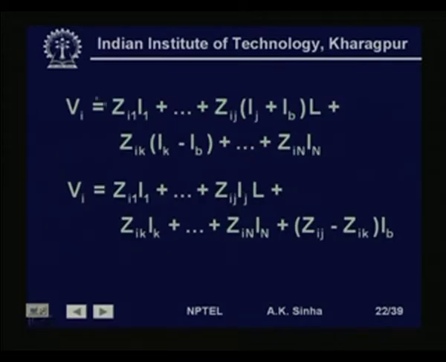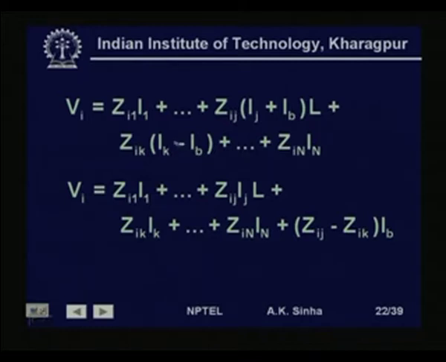So we can now write the expression for any voltage Vi for this system as Zi1 plus up to Zij. Now for bus J, what is the current injection? This is Ij plus Ib. I am sorry, this should be dot dot dot, this L is not there, plus Zik at bus K. What is the injection?